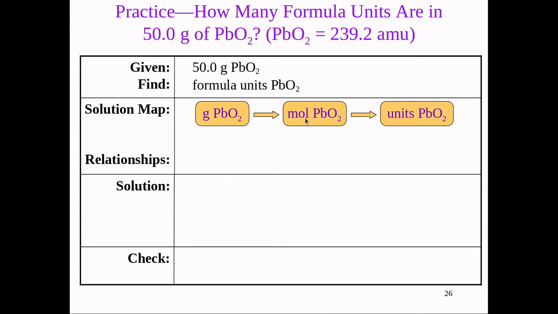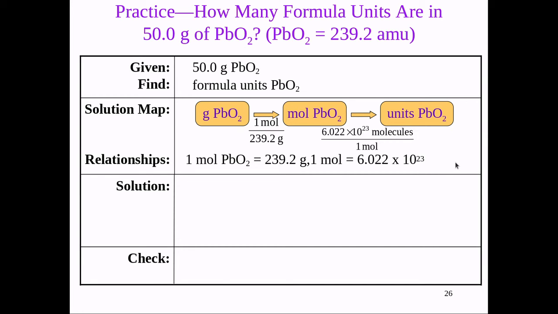We can go from mass to moles, moles to units, but we cannot go straight from mass to units. Just like we couldn't go from mass to atoms, we can't go mass to formula units. We have our 2 facts. Again, if we did not know from the previous problem that lead oxide was 239.2 grams, we would have had to calculate that.